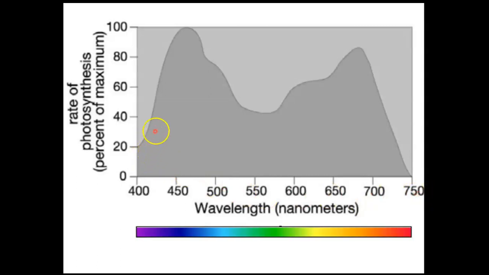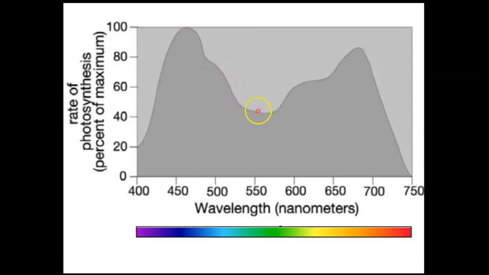As the wavelength gets slightly longer, the color of the light becomes bluish, and that gives us the best photosynthesis.